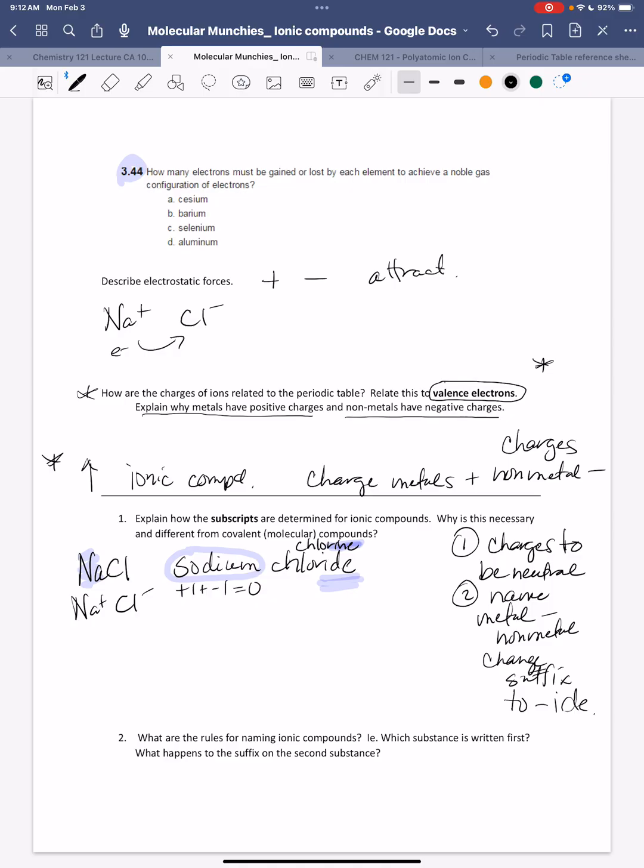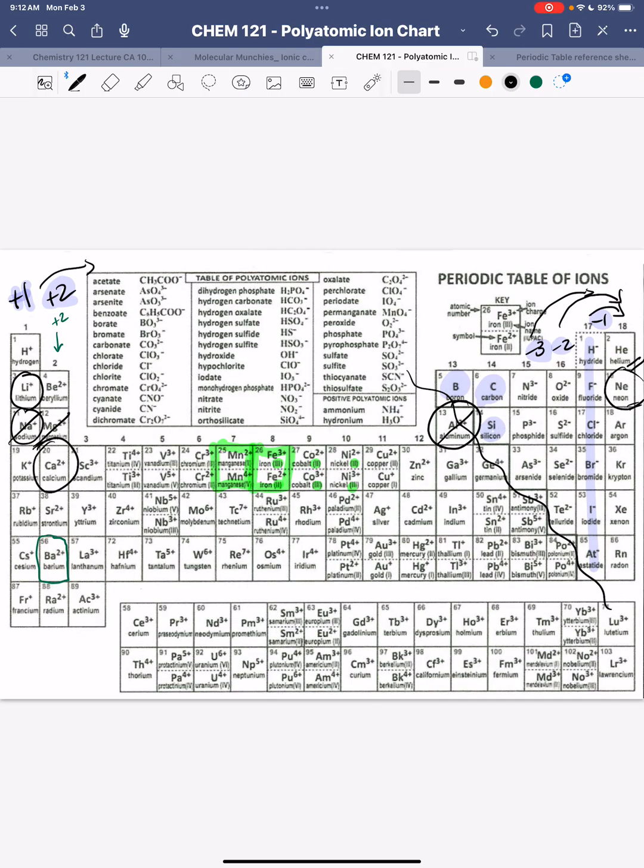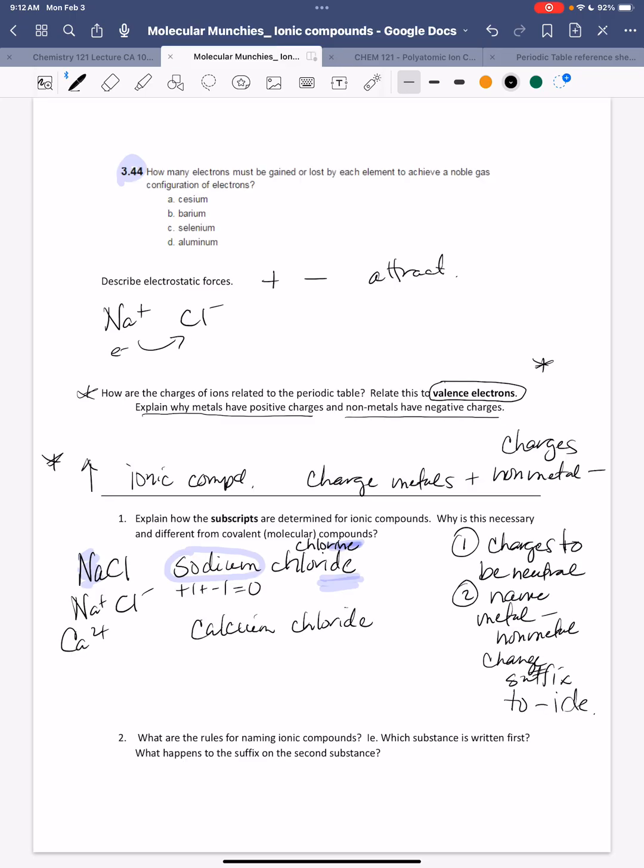Okay, so for instance, I'm going to write calcium chloride down here. I'm going to take calcium 2+. Again, you're looking at that on the periodic table. We know that calcium is an alkaline earth metal. There it is right there. We're going to put it together with chlorine right there. And so we have a 2+ charge and a -1 charge.